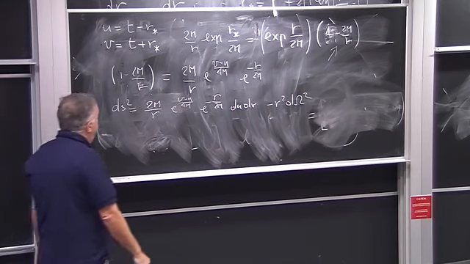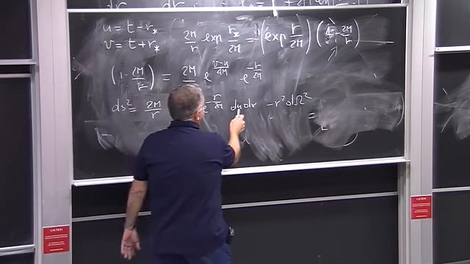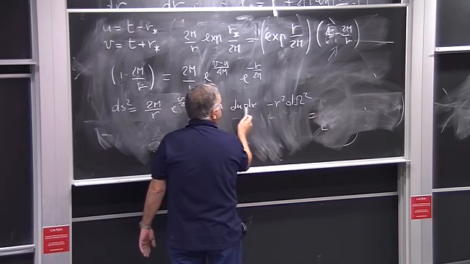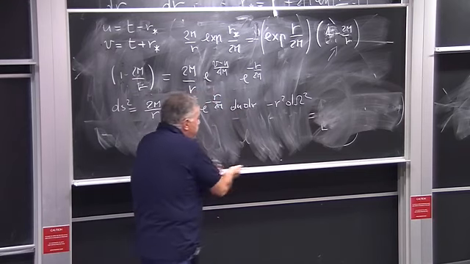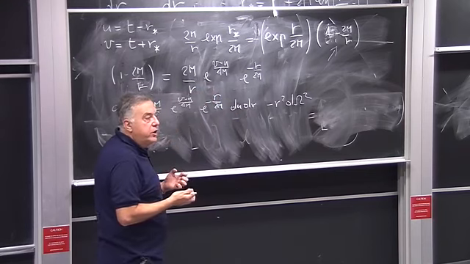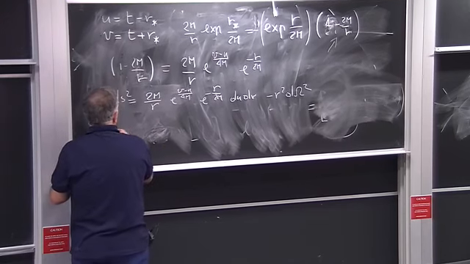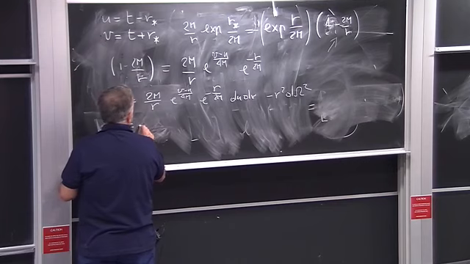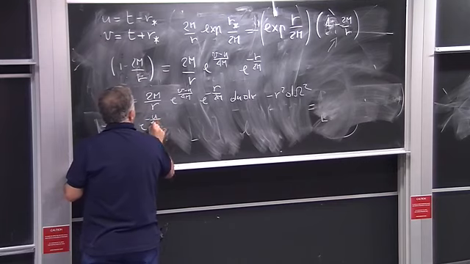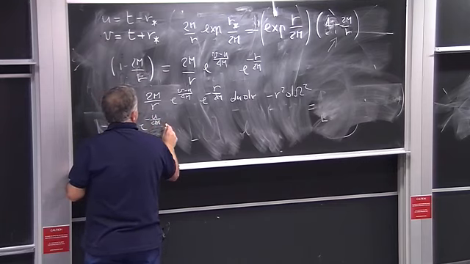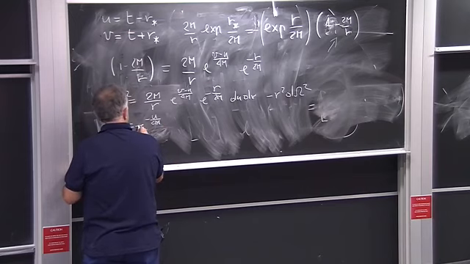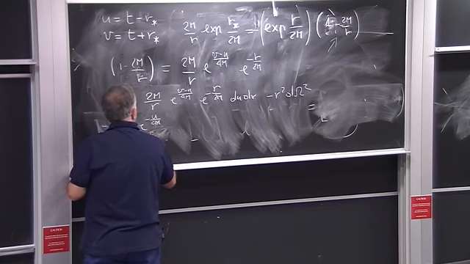And now the horizon has been pushed to minus infinity here. You want to keep it back to a finite value of the coordinates. So you define big U equal to minus e to the minus u over 4m and big V equal to e to the v over 4m.